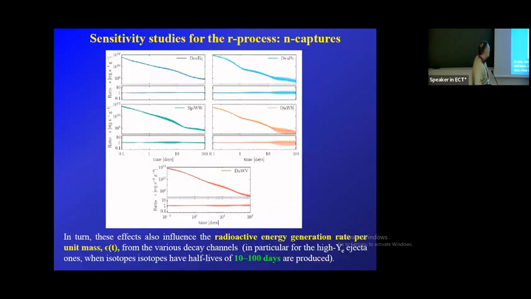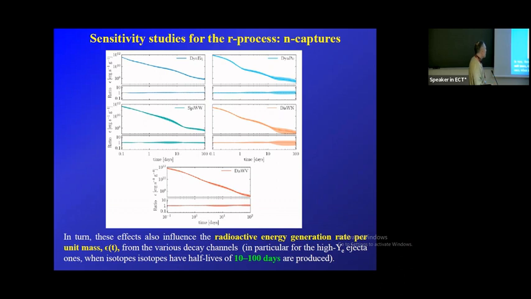Okay, and we also checked the effects on the light curves, in the sense of what happens to the kilonova light curve if we vary this neutron capture rate, and these are the results we obtained for the various components.